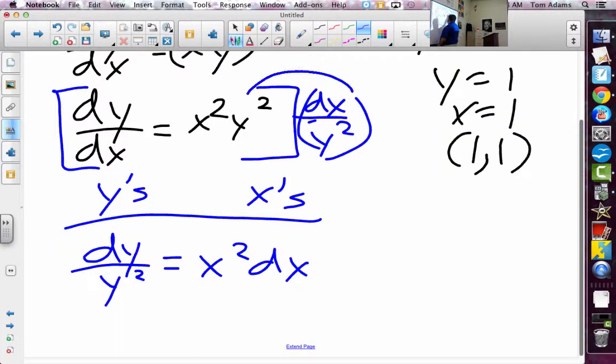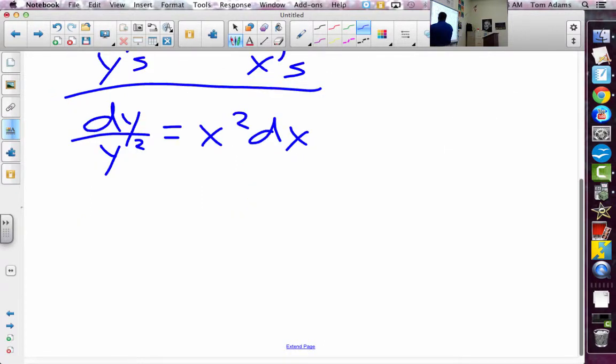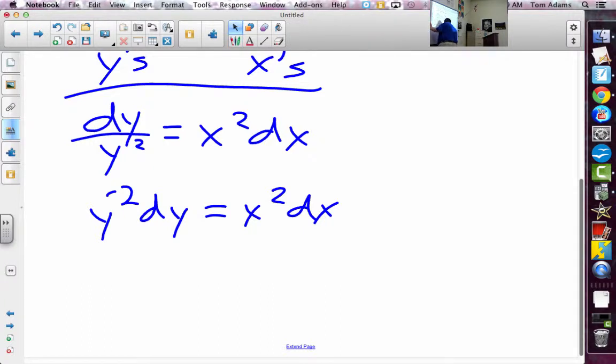And I just distributed that through both sides of the equal sign. And you get this line. And so the reason we do that is that I've got y to the negative 2 dy is equal to x squared dx. And we did that because now we can integrate both sides with respect to y or x.